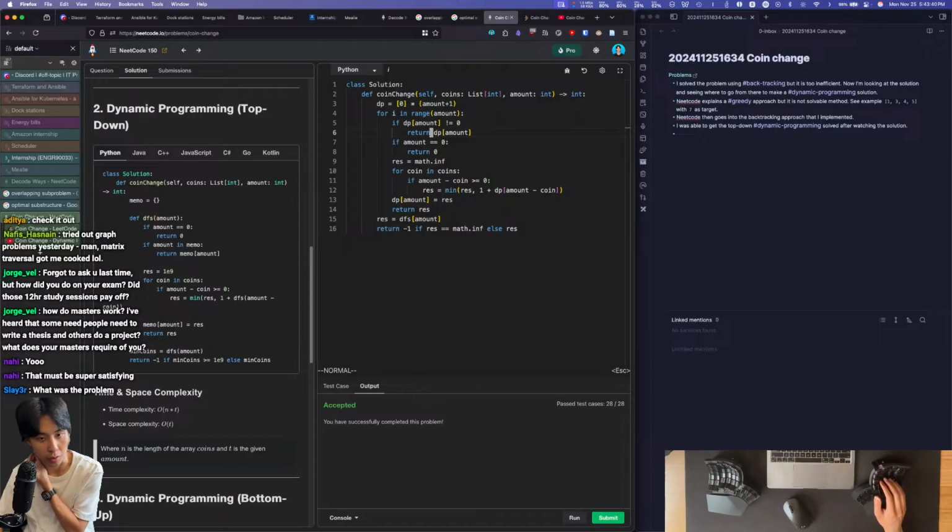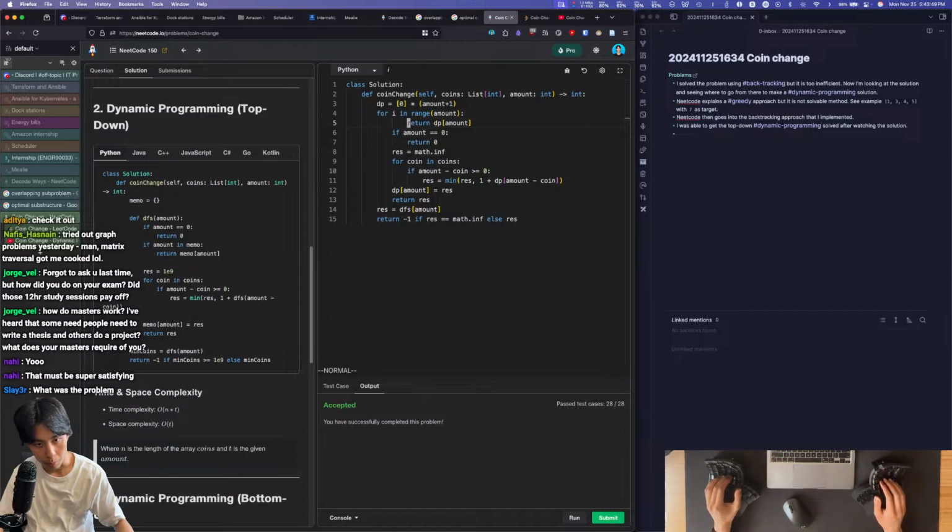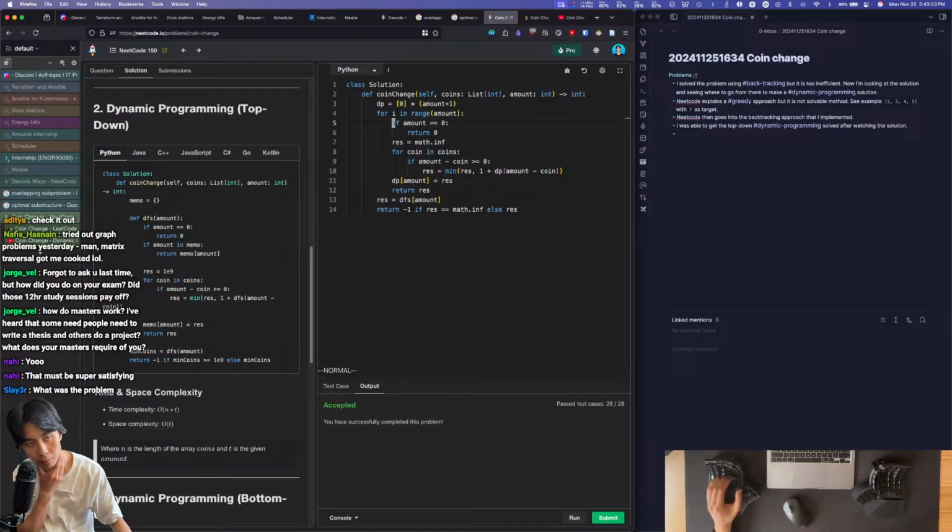Does not equal to 0, then you return DP amount. But how do you ever get to that point? If the amount is 0, then that's when you update the DP to this new resulting value.